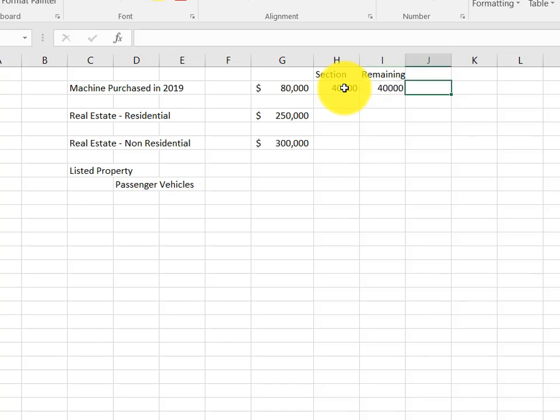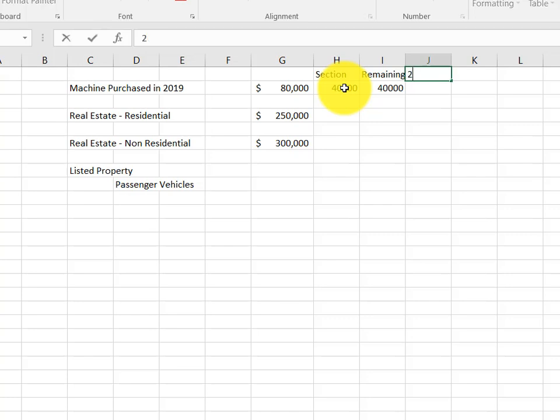And let's say you choose that that part is going to be under the usual MACRS depreciation rules, because you'd like to save some depreciation for future years because your income is going to be higher in future years. So when you calculate your depreciation, you use the table and you have to determine what class your property is in. Machinery is typically 7-year property, so that's what we're going to use.